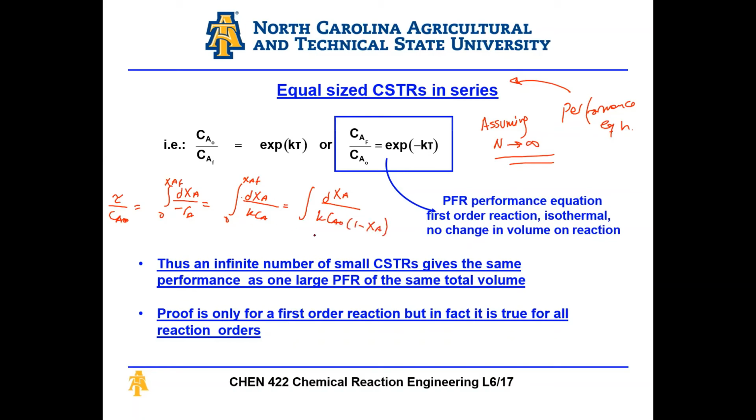If we rearrange this, CA naught cancels, and I get tau k equal to this integral. If I integrate, I get minus ln(1 minus XA) from 0 to XAF.